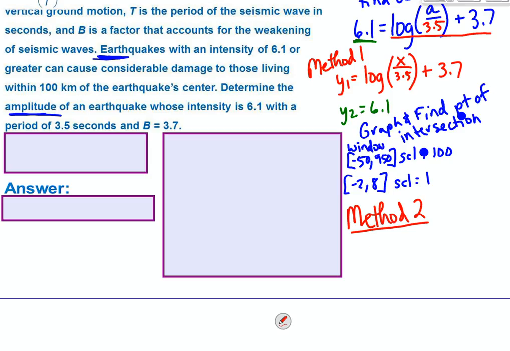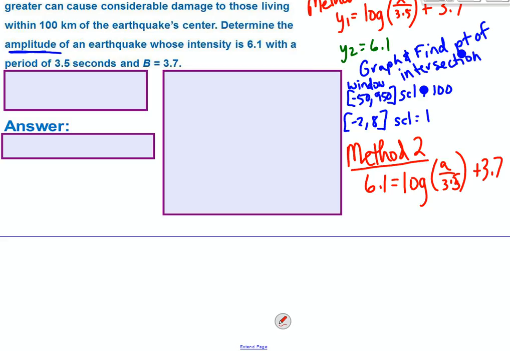But we could take 6.1 equals the log of A over 3.5 plus 3.7 and get that logarithm alone. So my first step would be to subtract 3.7. When I do that, I get 2.4 equals the log of A over 3.5.